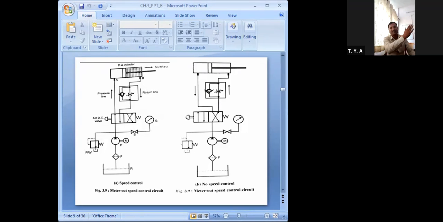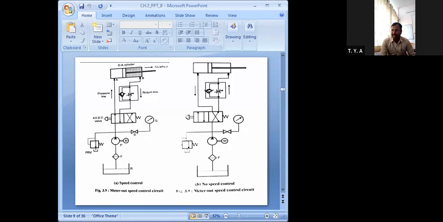Please note that meter out circuits are usually used when the external load opposes the direction of motion of your hydraulic cylinder, for example in the case of a hydraulic table feed on a surface grinder.